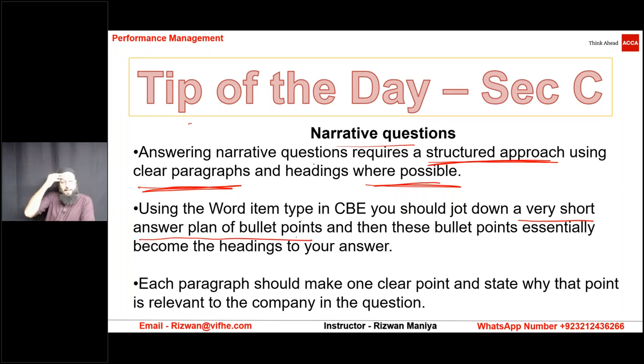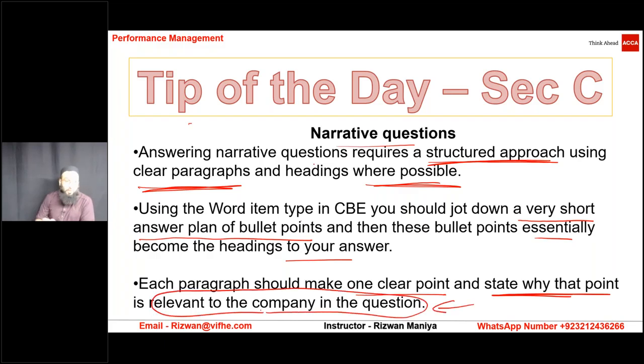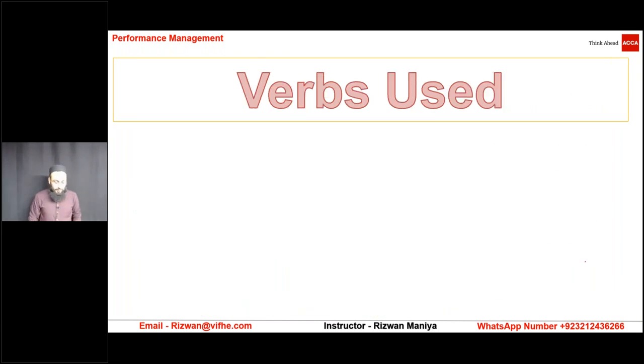It's the same plan that I showed you every time in previous days, known as answer pointers. These bullet points essentially become the headings of your answer. Each paragraph should make one clear point and state why that point is relevant to the company in the question. So yeah, linking is important. Why it's important for the company. So this is the tip of the day for section C.